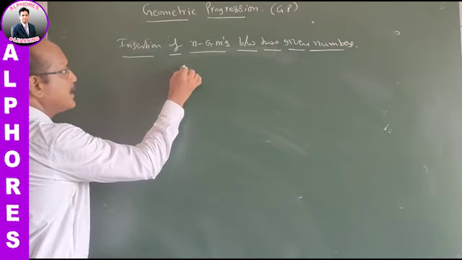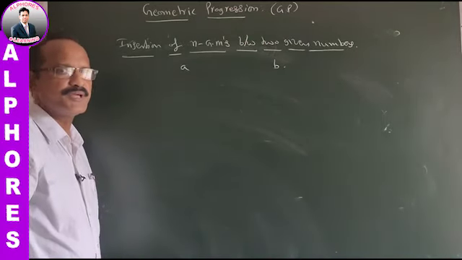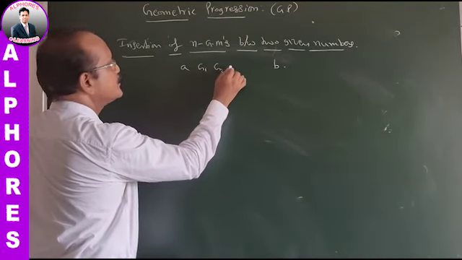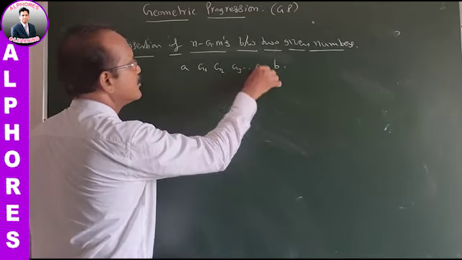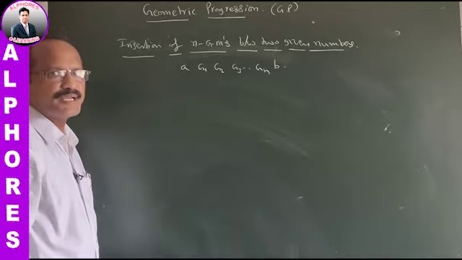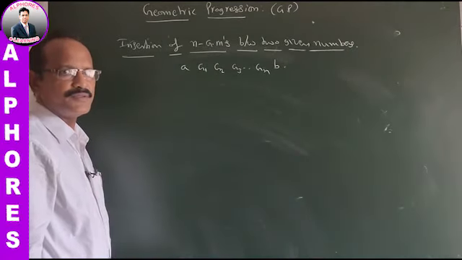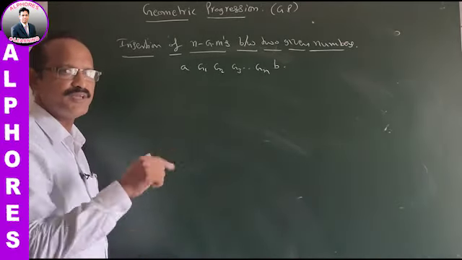Suppose a and b are two given numbers, and G1, G2, G3, etc., Gn are n geometric means between the two numbers a and b. Then we can calculate G1, G2, G3 values in terms of a and b.